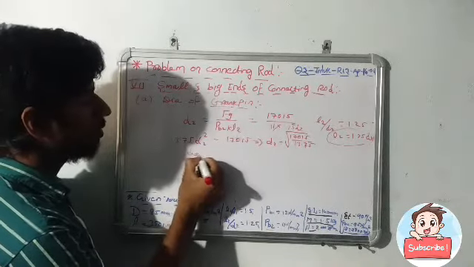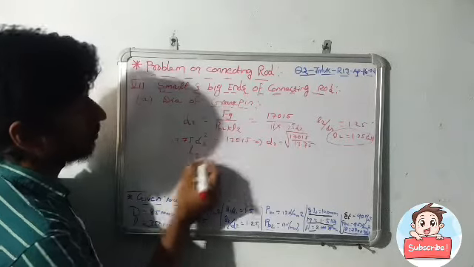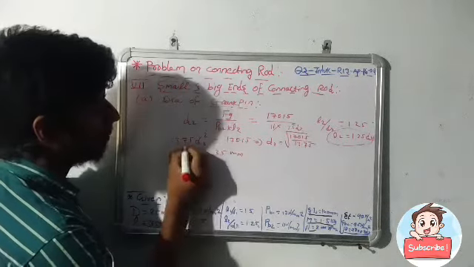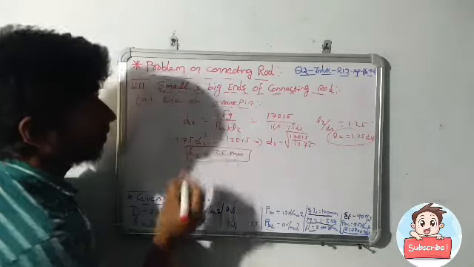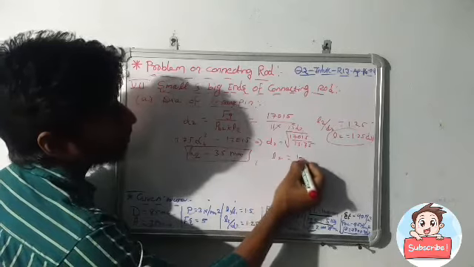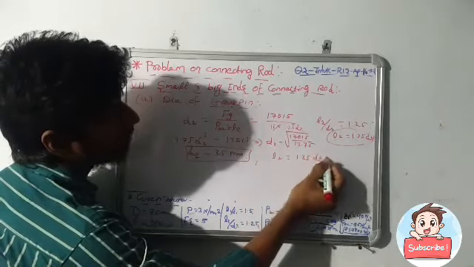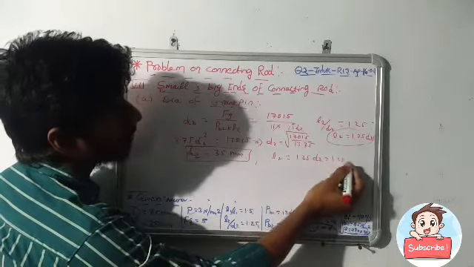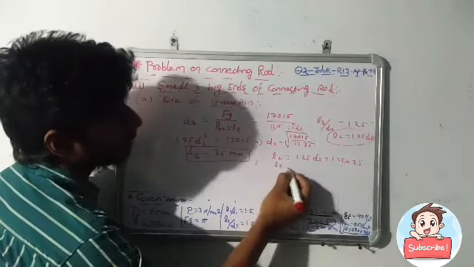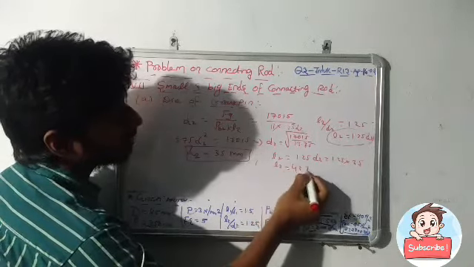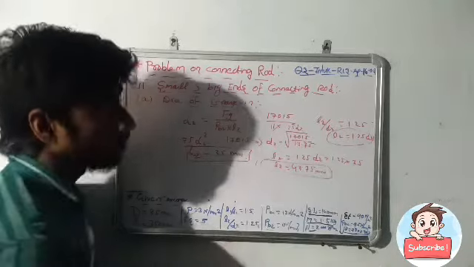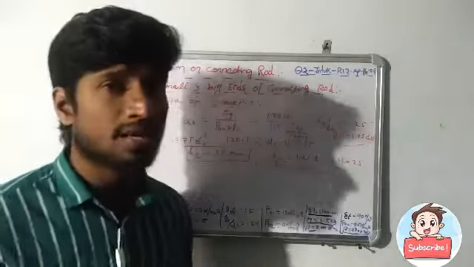The D2 equal to 35 mm. So with the help of this, what is the L2 value here? L2 equal to 1.25 times D2, that is equal to 1.25 into 35. Here that L2 equal to 43.75 mm. So this is about the diameter of the crank pin.